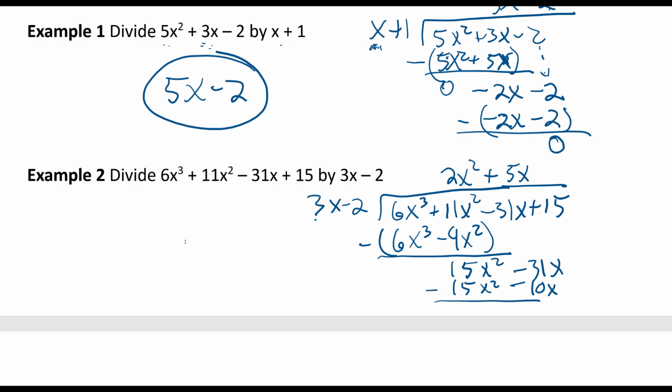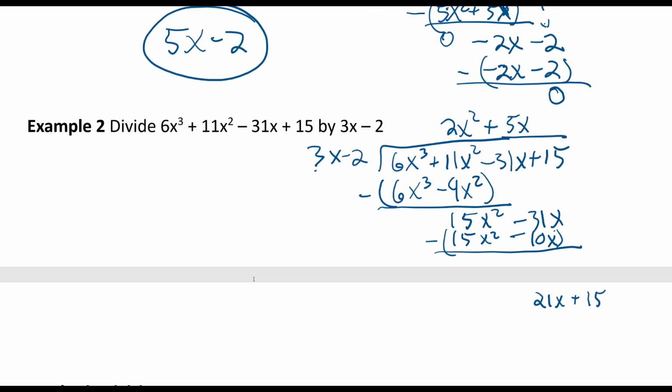And I'm subtracting. 15x squared minus 15x squared is nothing. Negative 31x minus a negative 10x, so the double negative makes that 21x. I'm going to write it down here, 21x, and bring down that 15. Okay, now we're going to look at 3x times what is 21x?